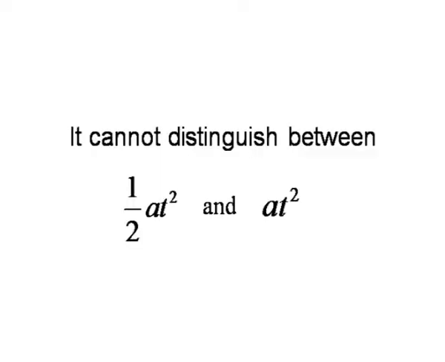For this reason, it is useful when analyzing a physical problem to retain algebraic symbols for as long as possible, only substituting numbers right at the end. However, dimensional analysis cannot determine numerical factors. For example, it cannot distinguish between 1/2 a t square and a t square.